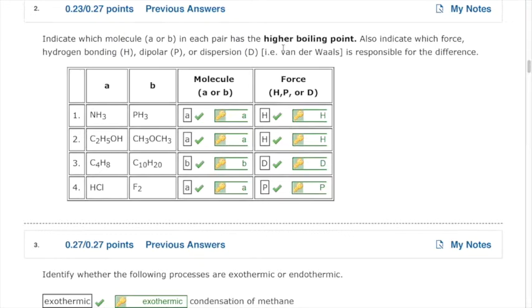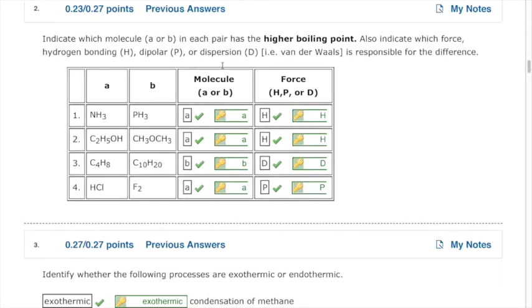So we'll just talk about boiling point now. So the higher boiling point among the pair A and B is going to be the molecule with the stronger IMF. Hydrogen bonding is stronger, generally speaking, than dipolar, also called dipole-dipole force, and dipolar is stronger than dispersion.